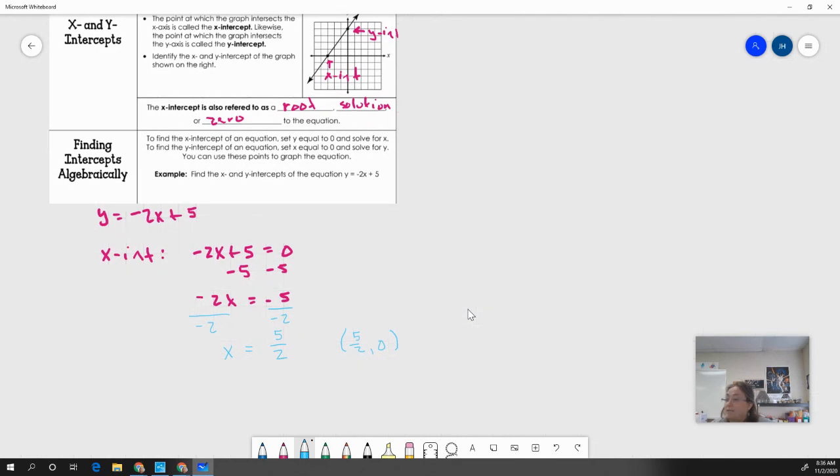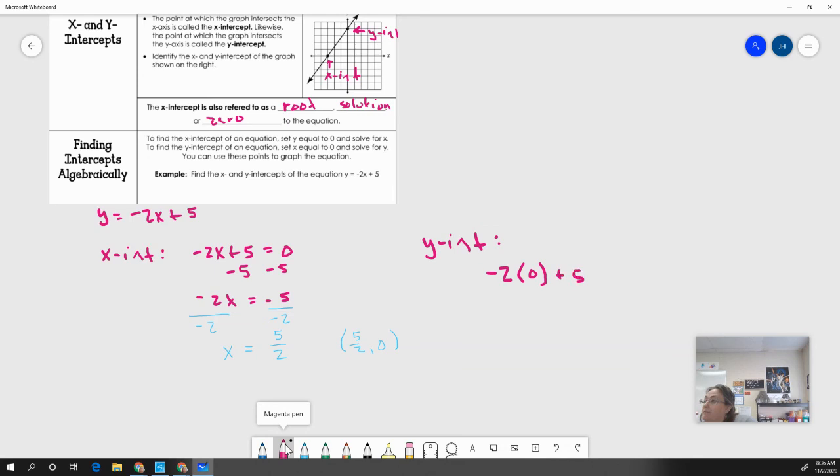Our y-intercept, we're going to do the opposite, right? We are going to set x equal to 0 and solve for y. So for our y-intercept, we are going to take the same equation. Minus 2, well, here's an x, so we're going to put in 0.